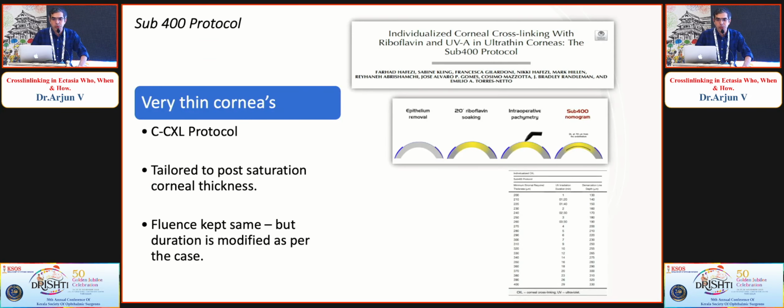So the last two protocols: the sub-400 protocol popularized by Hafezi is for the extremely thin corneas, where the protocol remains as Dresden. The only thing which is changed is that after the saturation is over, the pachymetry is measured, and based on the nomogram, the time duration for which the radiation is given is adjusted individually as per the eye.